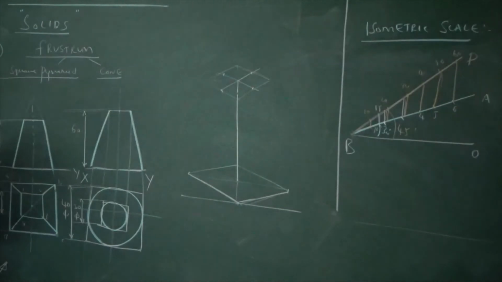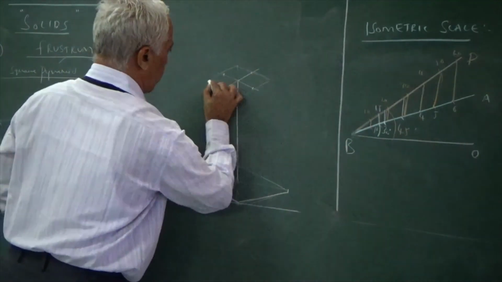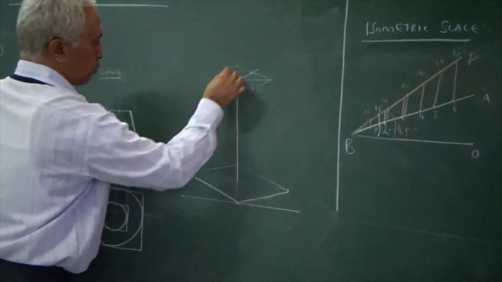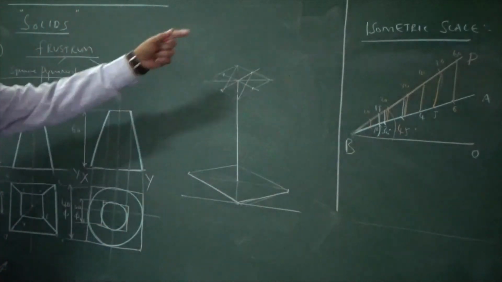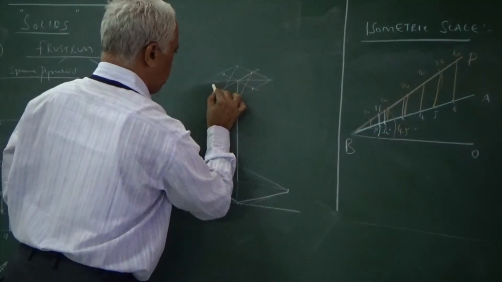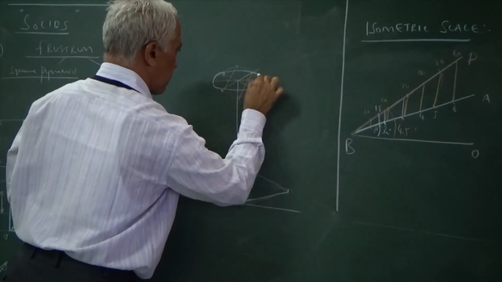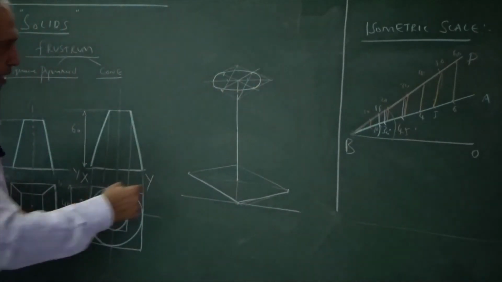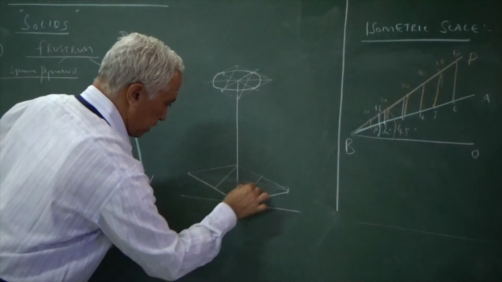Now, adopt the 4 centers method. At the top, join the longer diagonal. Draw two lines from opposite corners to the midpoint of the opposite sides. So adopt the 4 center method to draw the ellipse. Similarly, at the bottom, join the longer diagonal and get the construction lines.